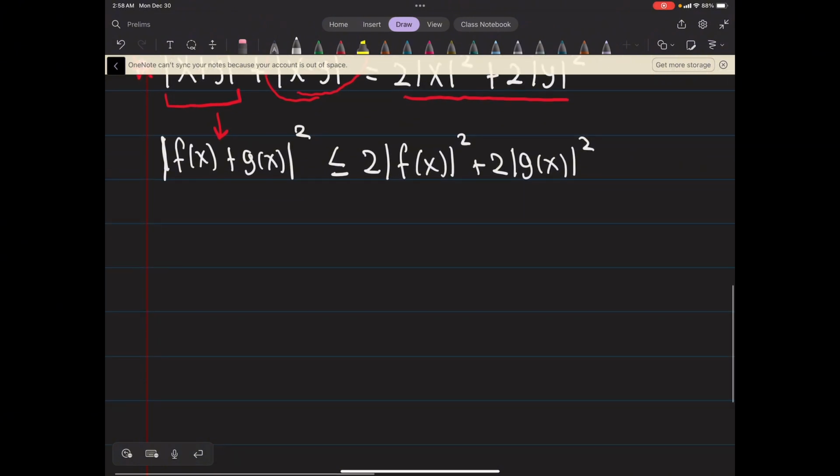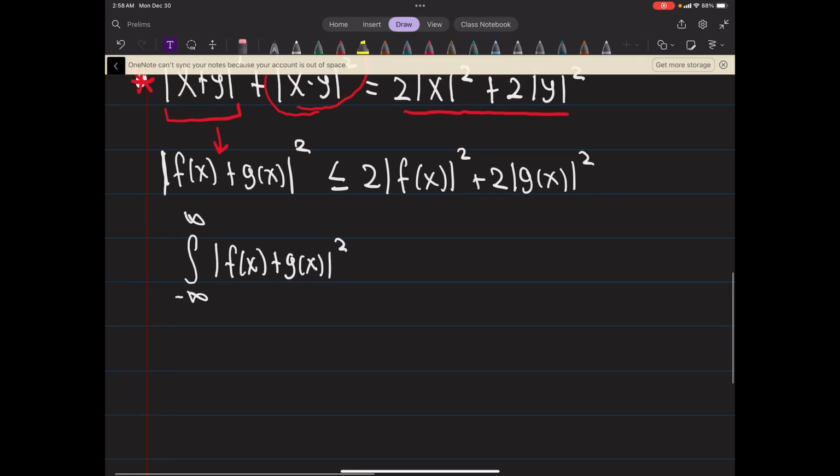And the reason why that's helpful is now we can integrate both sides. And we're going to get this inequality. The 2 I can factor outside of the integral. That's not an issue. Never an issue to do that.